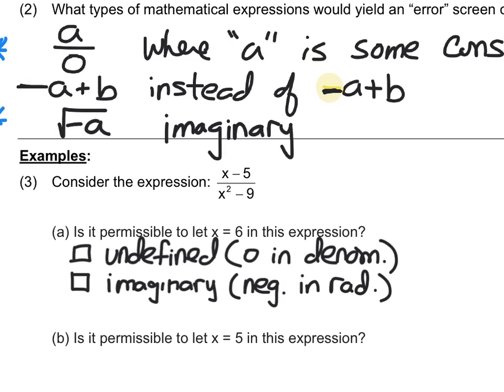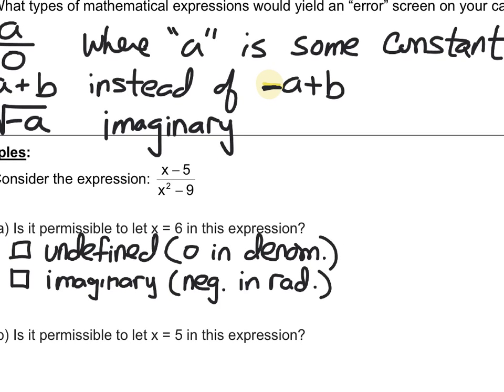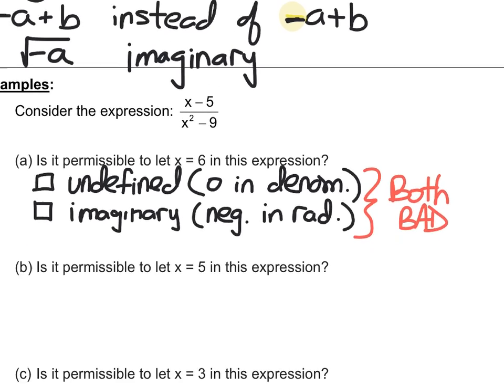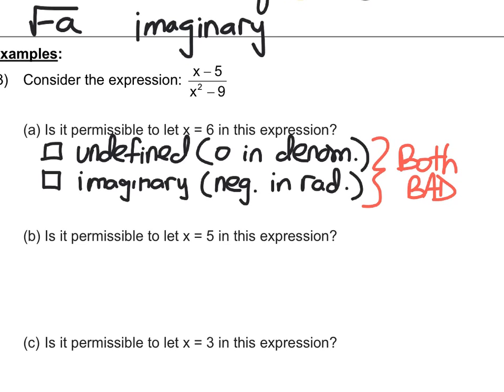Those are the two things I'm looking for. If I can check both of these boxes, then 6 is no good. If I put X's in both of these boxes, then 6 is okay, because these are two bad things. So both are bad. This is a little checklist that you're going to have every time you evaluate an expression.